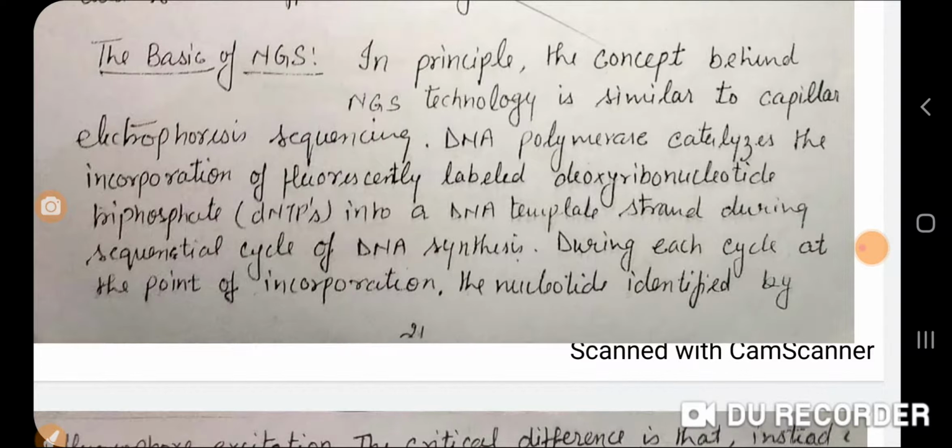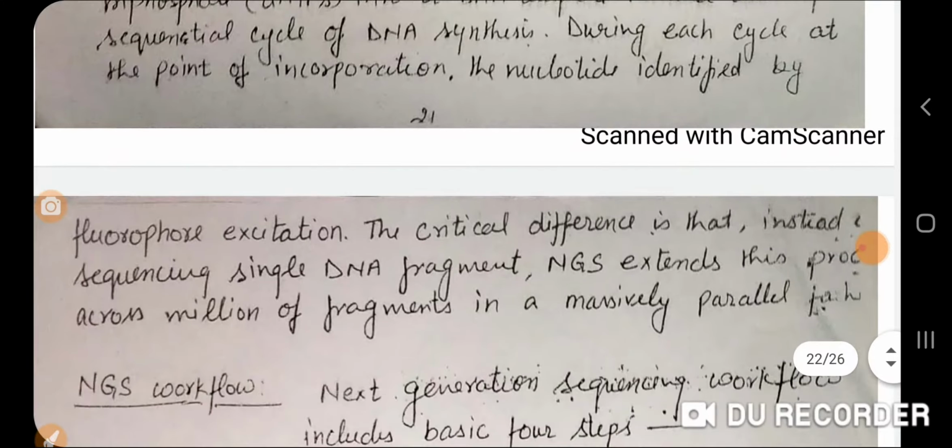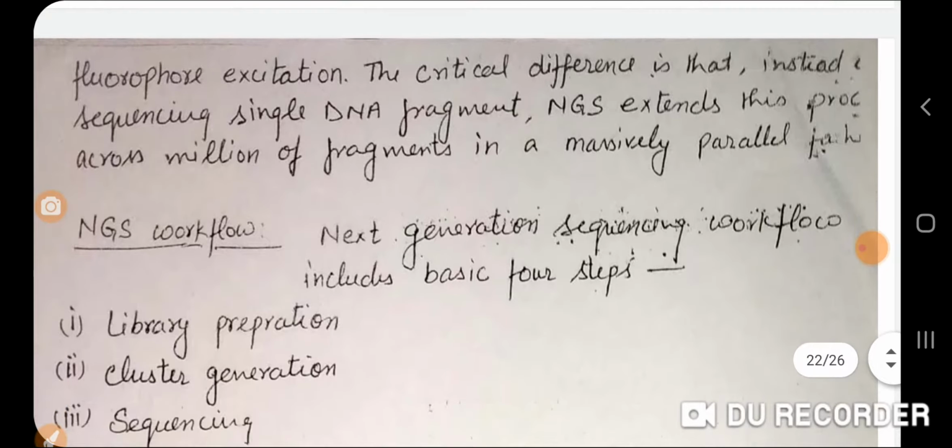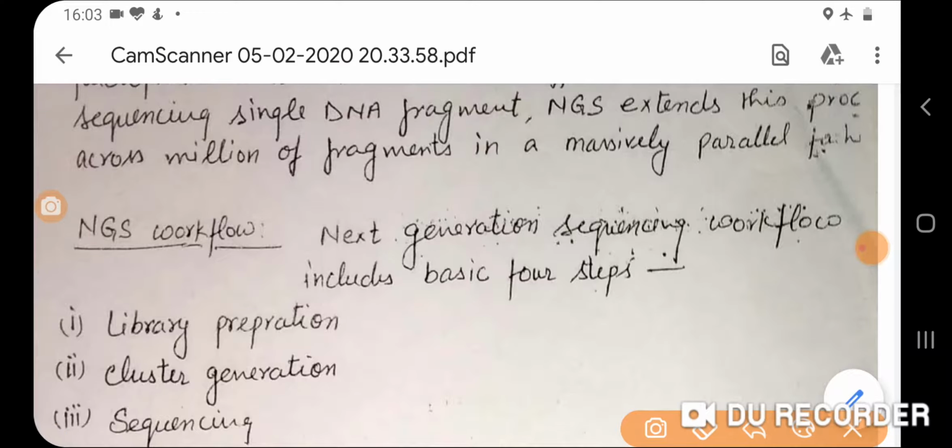During each cycle, at the point of incorporation, the nucleotide is identified by fluorophore excitation. The critical difference is that instead of sequencing a single DNA fragment, NGS extends this process across millions of fragments in a massively parallel manner.